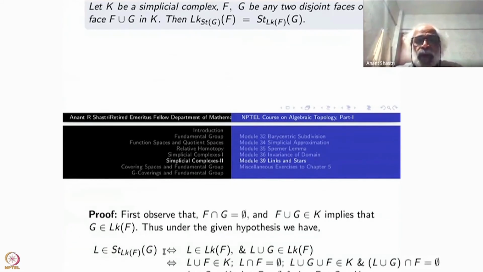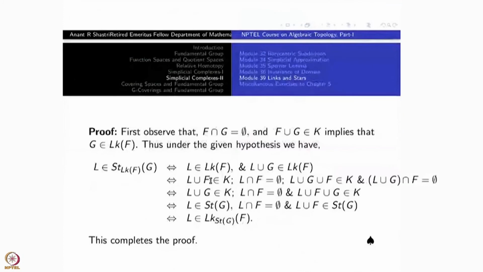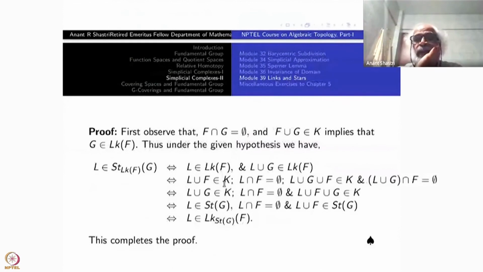This just means, if and only if, L is first of all in the link of F, and L union G must be in the link of F. That is the definition of star. But that is the same thing as saying L union F is a simplex in K. L intersection F must be empty because it is in the link.